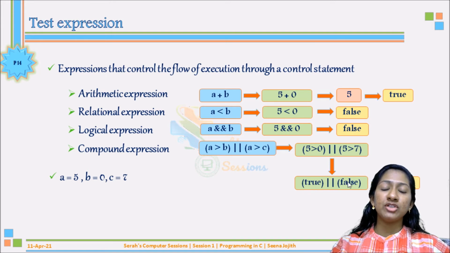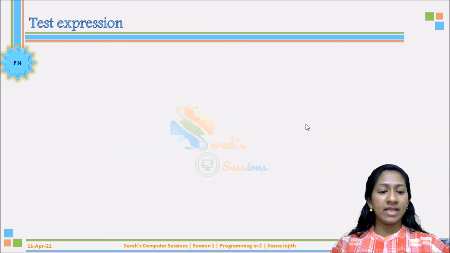Either one should be true for the logical OR operator. On the contrary, for the logical AND, both sides should result in a non-zero value for the result to evaluate to true. Here, the result has evaluated to false because one side holds a 0 value. I hope that you understood this example. Let's move on to the next slide.